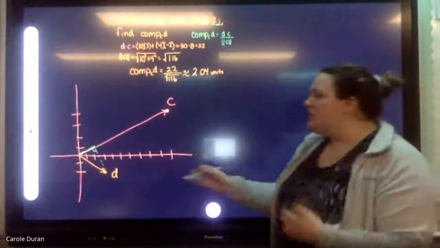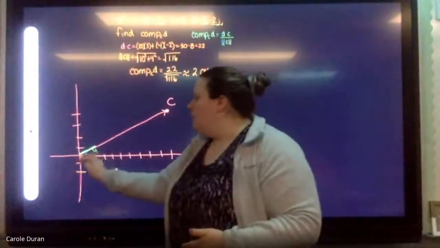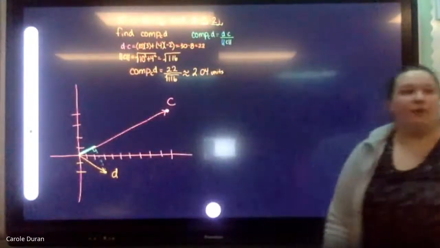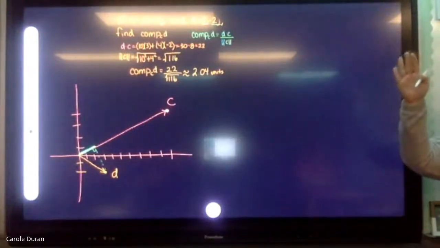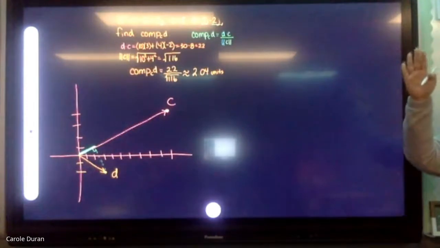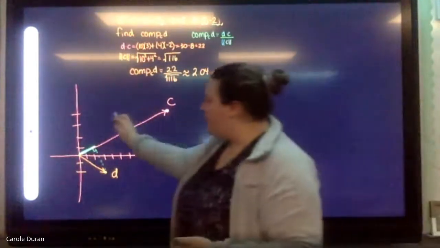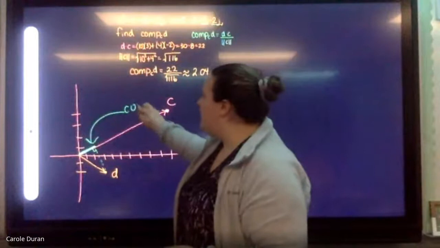So it is essentially the length of the distance from the origin to that perpendicular point on whatever my on vector is. So here it's vector C. That is the length that is computed by this component.